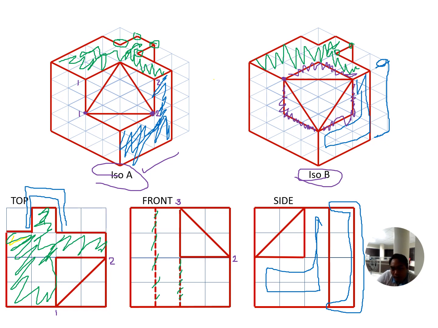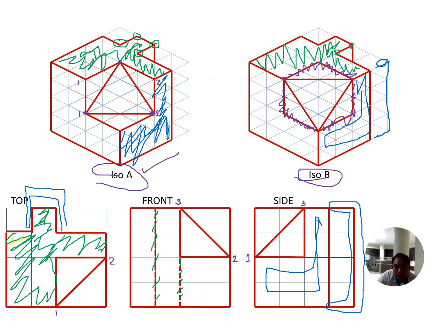So that's our third point. Let us indicate already sa ating side view, nasan nga ba yung third point na yan. So kanina, itong nandito sa side of the front view is our point 2. The left side of our side view is also our point 1. And the one at the top is our point 3. Now, if we are to locate it in our isometric drawing, ito yung ating point 3.